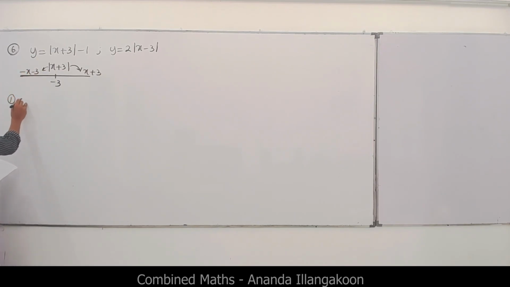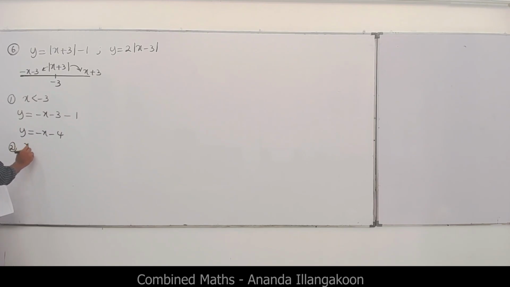The first case is x less than minus 3. On the left of minus 3, mod x plus 3 takes minus x minus 3. Then in this place we put minus x minus 3 and minus 1, and we get y equals minus x minus 4, right?